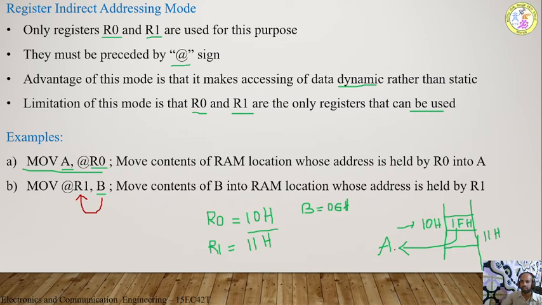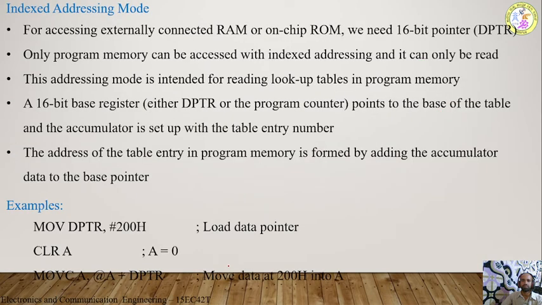R1 is 11H, so to this memory location the 06 data will come and be stored. Even though 11H is an address, it is indirectly indicated by the register R1. That's why it is called register indirect addressing mode.